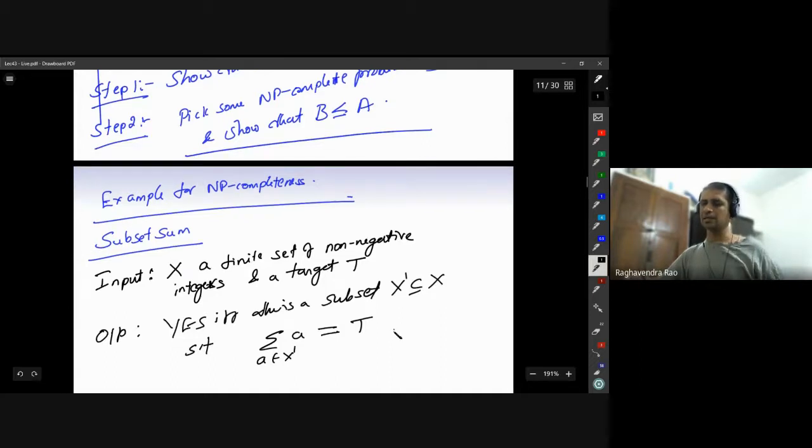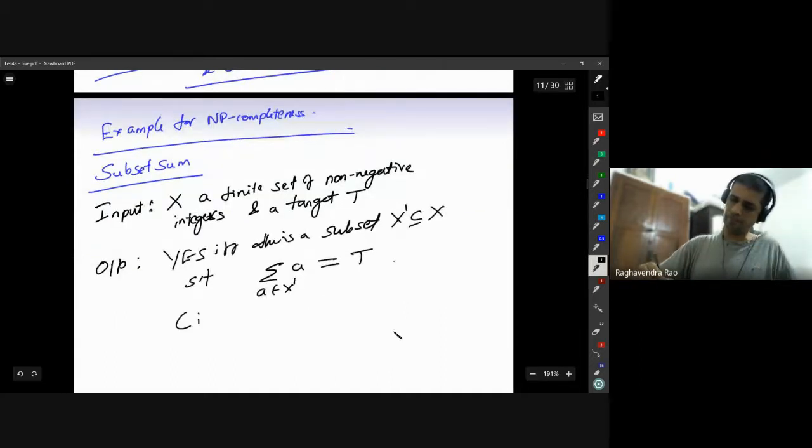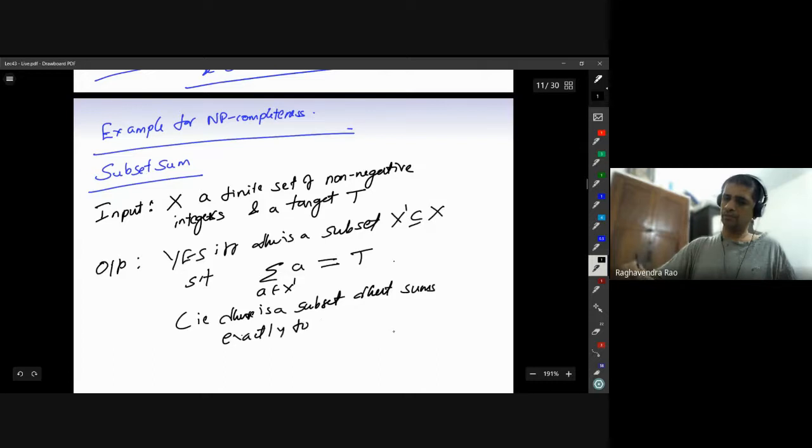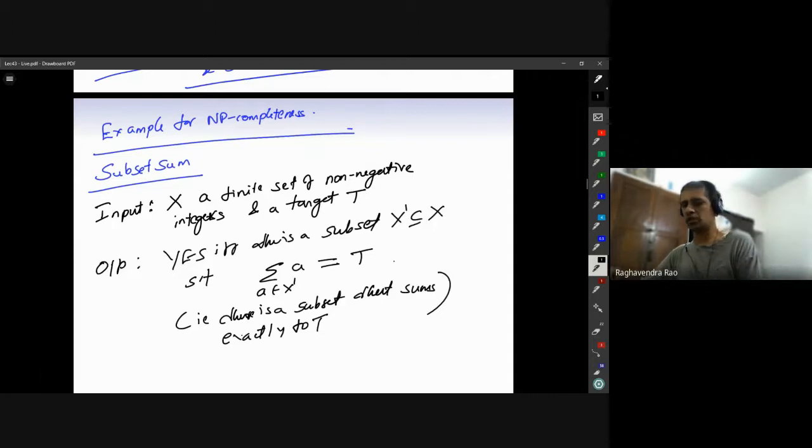That is, is there a subset that sums exactly to t? So you can see that this is a decision version of knapsack, but restricted to integer values, non-negative integer values.